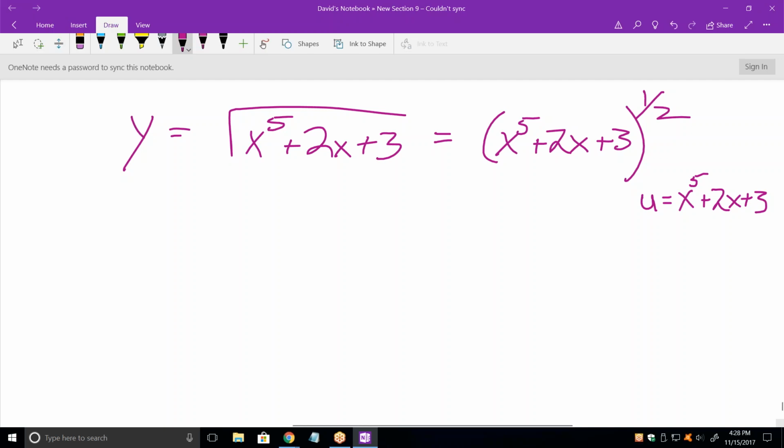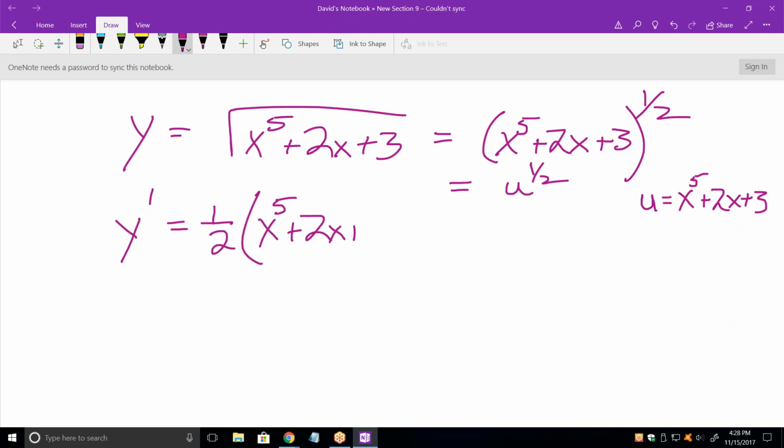So let's differentiate it. Y prime. What's the derivative of the outside going to be? Another way I can now write that is u to the 1/2, right? So what would the derivative of u to the 1/2 be using just the power rule? It'd be 1/2 u to the negative 1/2. And in place of the u, I'm going to use what u is.